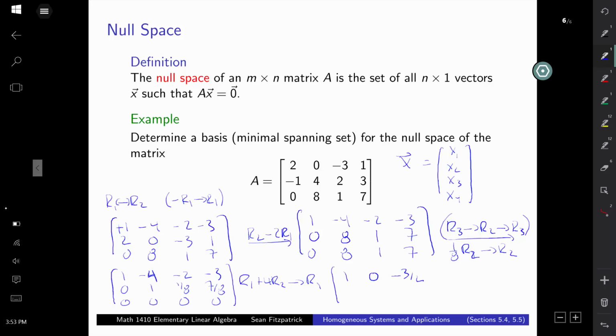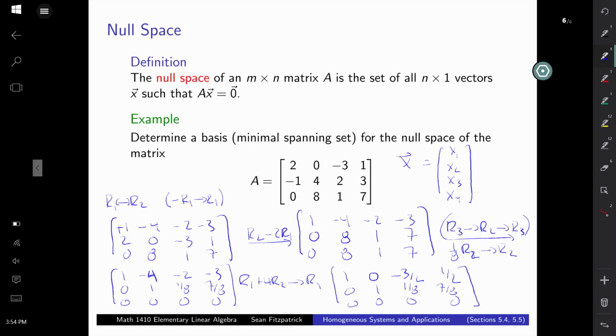Then 4 times 7 over 8 is 7 over 2, so minus 6 over 2 plus 7 over 2 leaves me with 1 half. Row 2 stays 0, 1, 1 over 8, 7 over 8. There's my reduced echelon form.